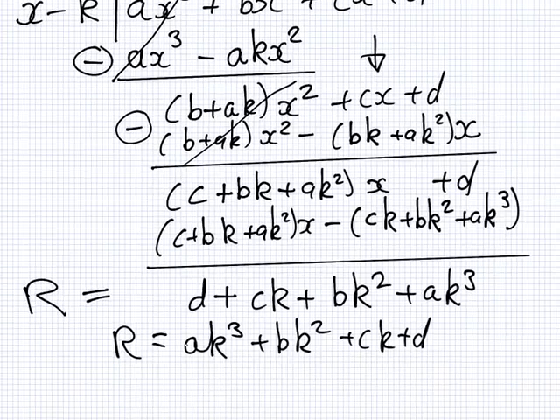What does it look like? It's like the original, ax cubed plus bx squared plus cx plus d, except the x is replaced with k. So we can actually write it like this.